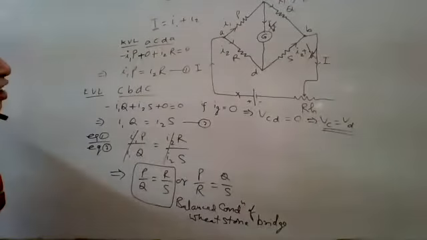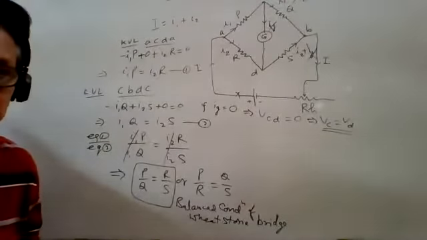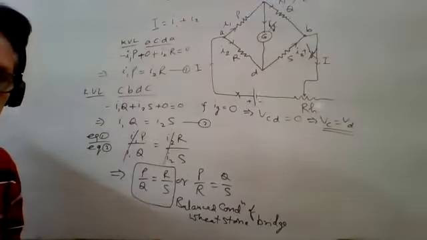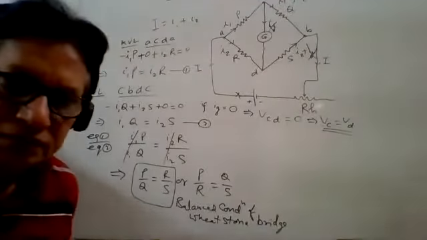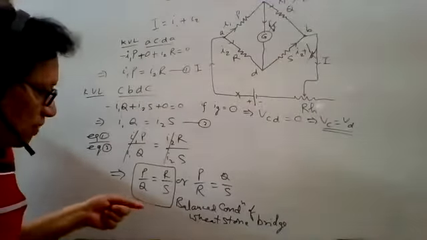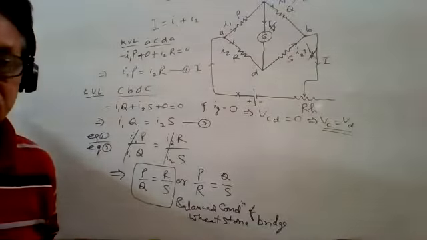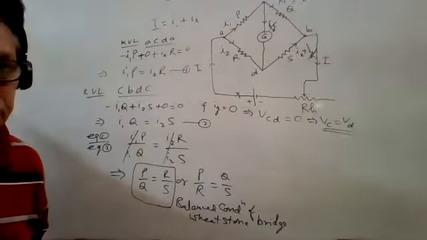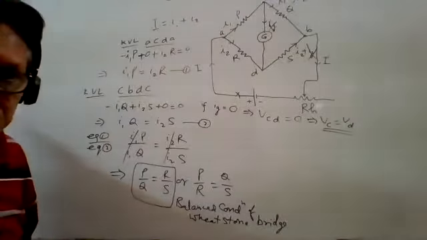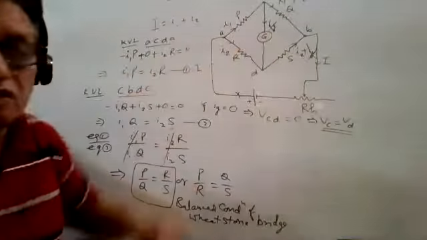Here, if this condition holds good, in all the questions we are getting the balance point, sometimes called null point also, because there is no current passing through the galvanometer. So this is the balance condition or null condition of Wheatstone bridge. In any question, numerical problems also, if this condition is satisfied, remove this portion, the galvanometer.